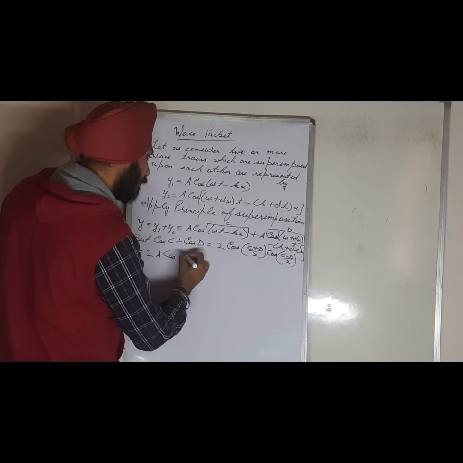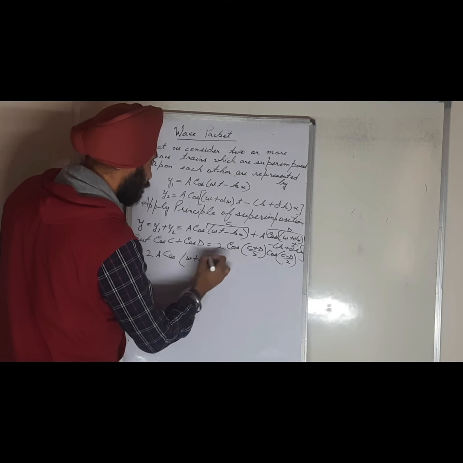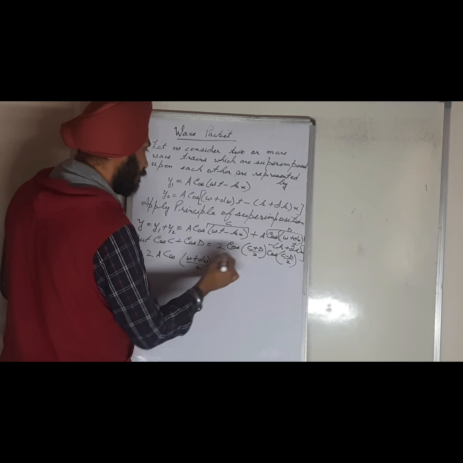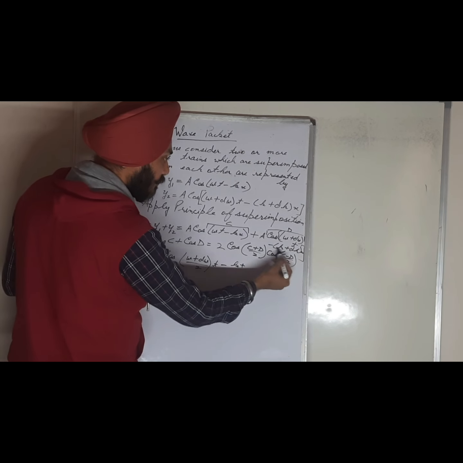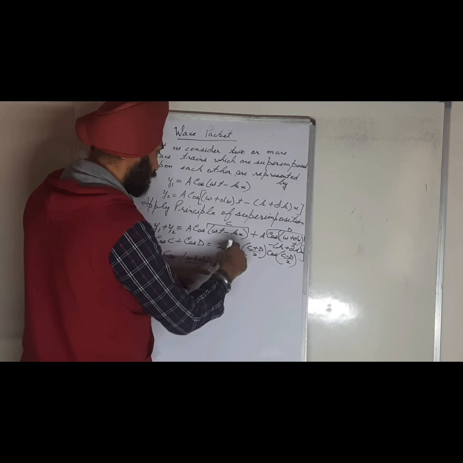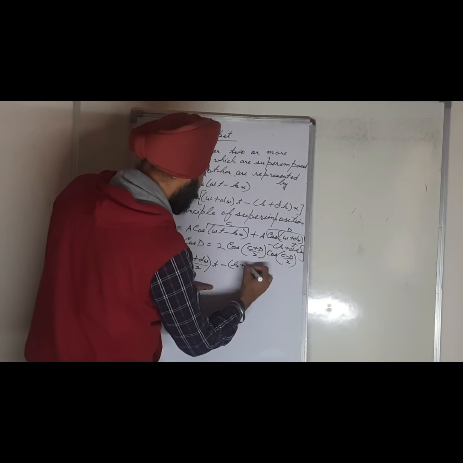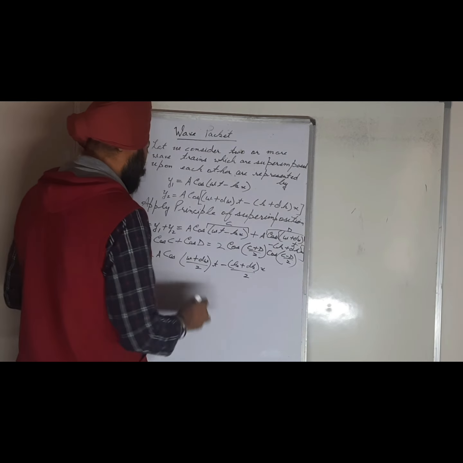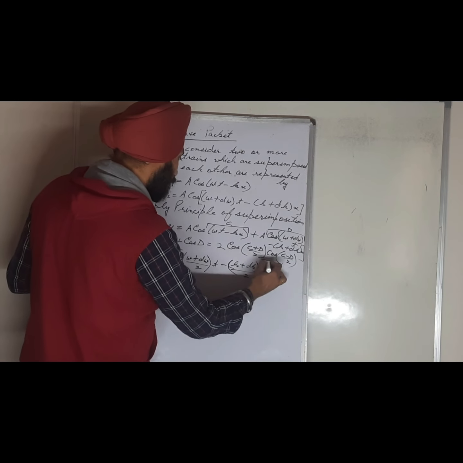So I write here ((omega plus d omega) by 2) into t minus ((k plus dk) by 2) into x, taking it in full form, right? Now this is (C plus D) by 2.